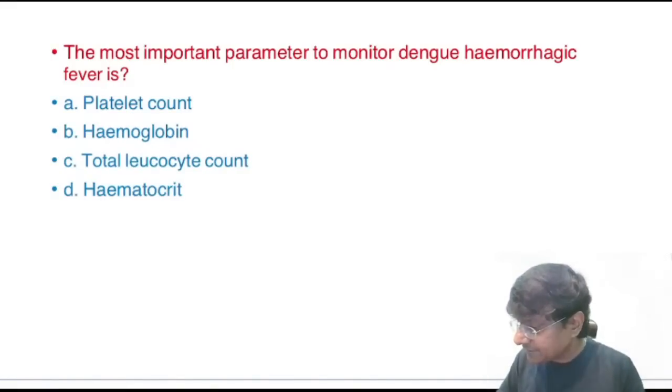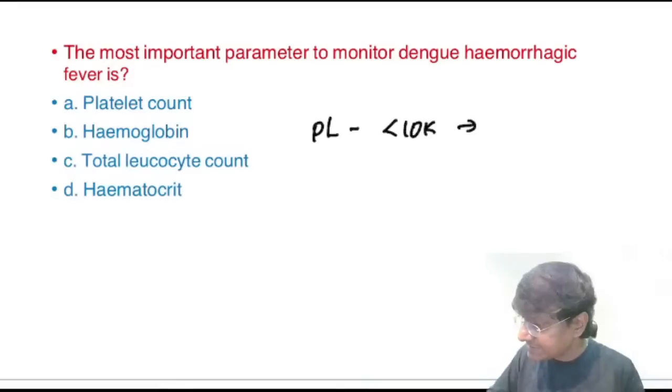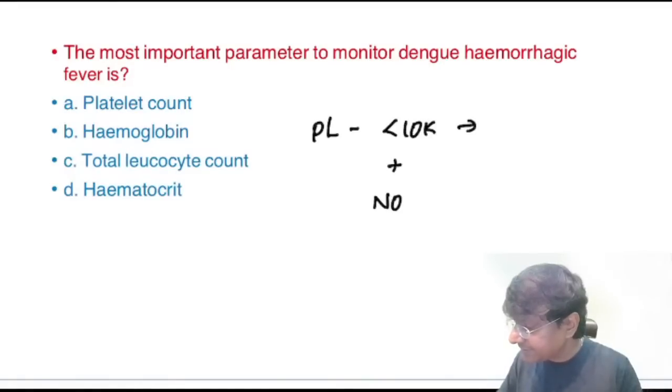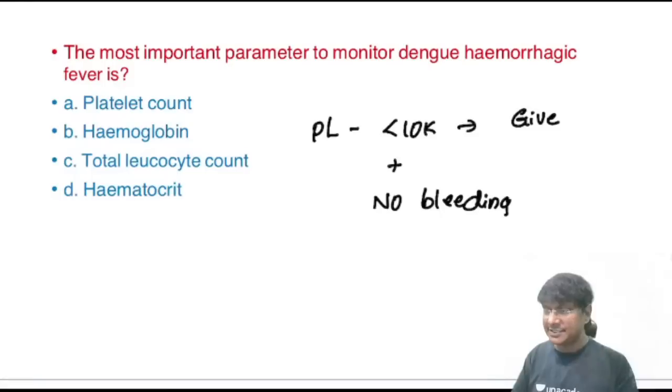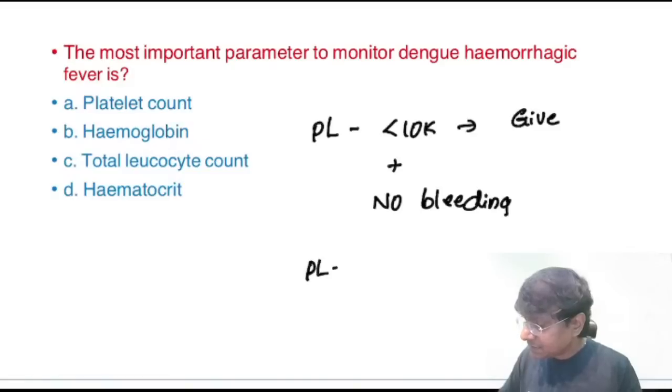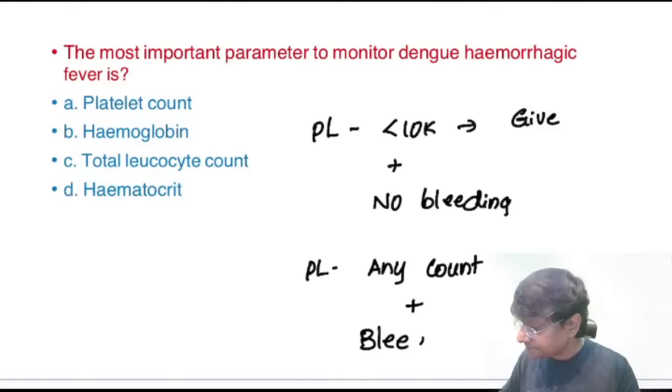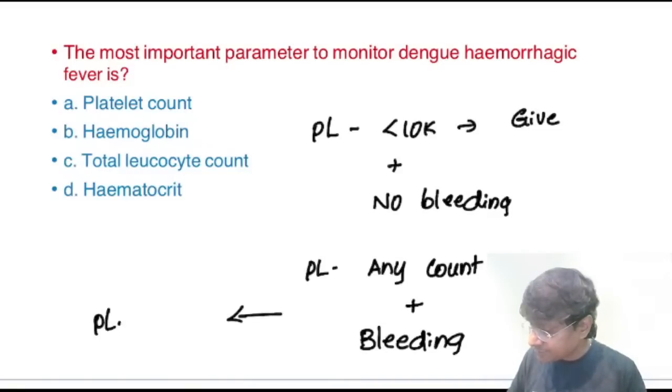If the platelet count is less than 10,000 and there is no bleeding manifestation, then you give platelets. Whatever the platelet count, if there is a bleeding manifestation, then you need to give platelet transfusion.